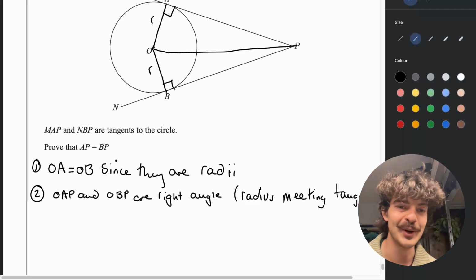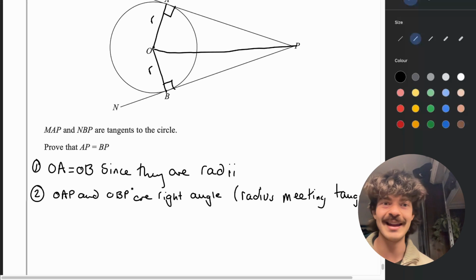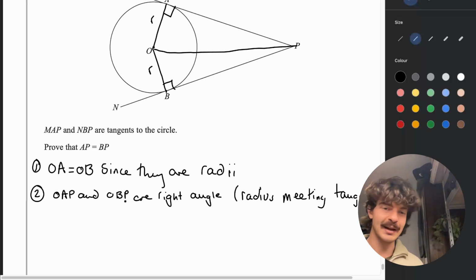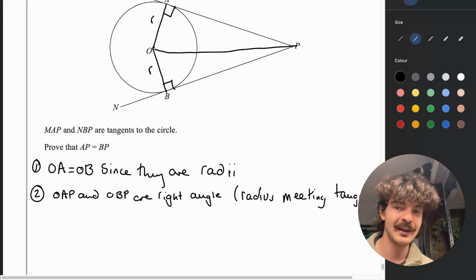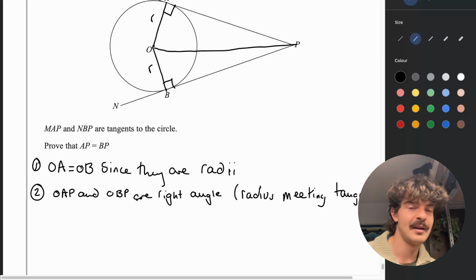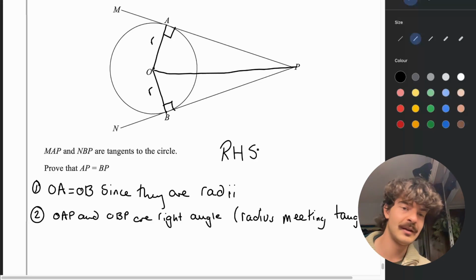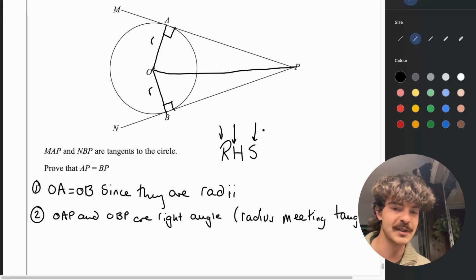It looks like we're moving towards our RHS proof of a congruency. There are a few others. Remember, there's angle, side, side, angle, and side will all work as well. But we're looking at the RHS, which means that we need to show a right angle, we want to show the hypotenuse is shared, and we want to show that one of the sides is equal.